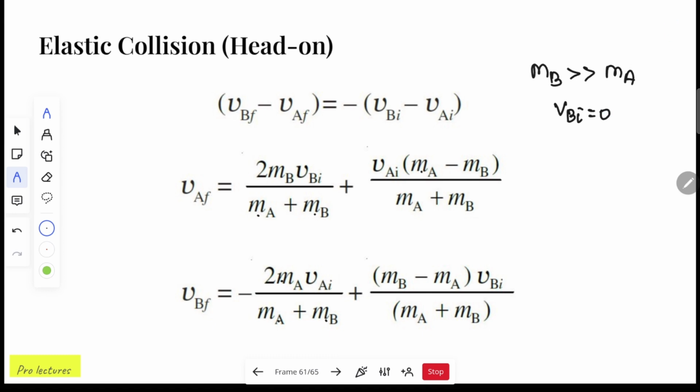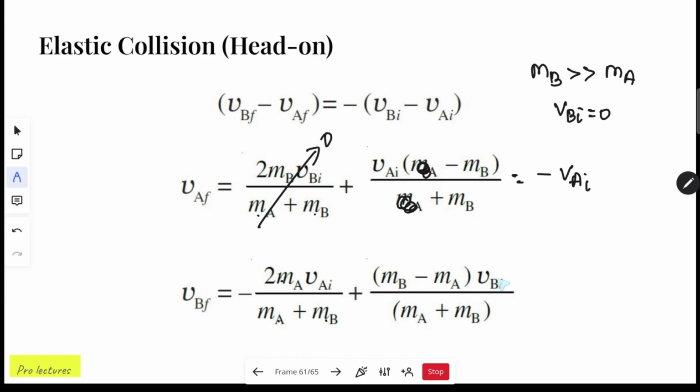So here we can neglect mass A compared to mass B. Then we can find that in this case, this component will be 0. We can ignore this component, so it will become minus VAI.